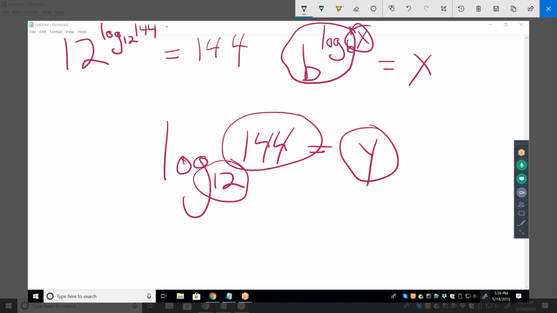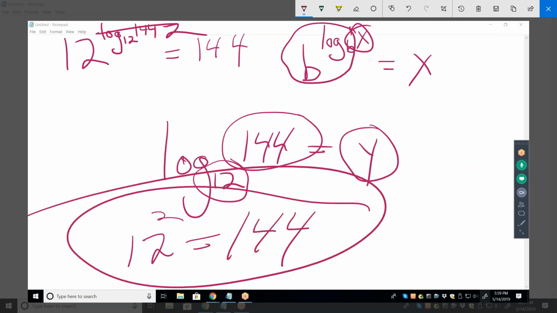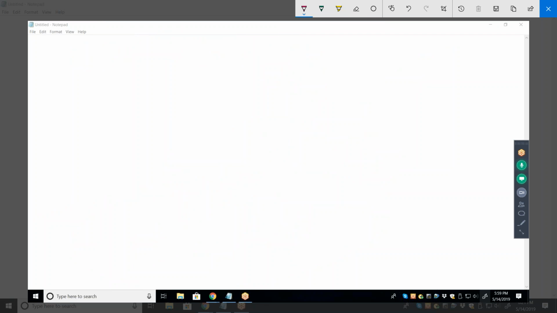So I could replace that whole thing with 2. So it's really 12 squared, 144. But remember this formula right here. That's going to come in handy. It doesn't matter what b is. No matter what b is, that's a true statement.